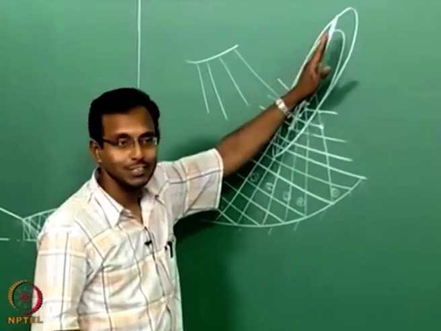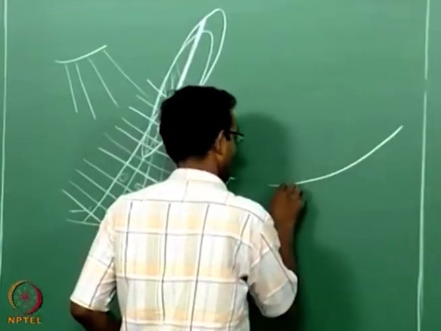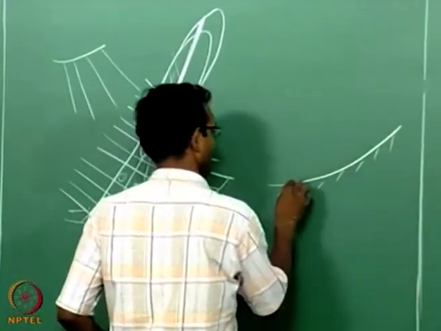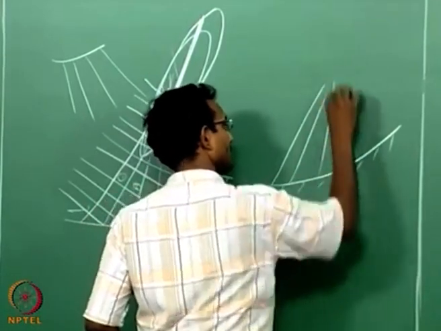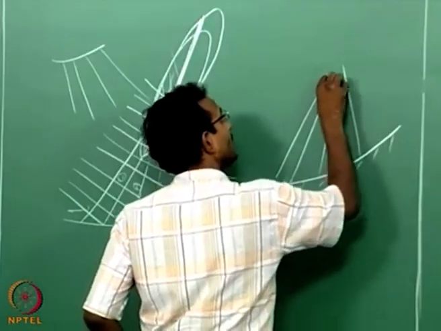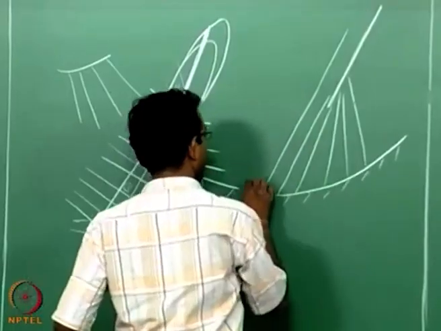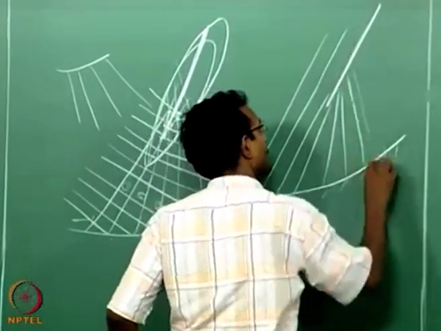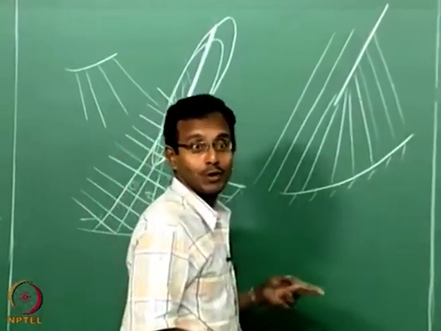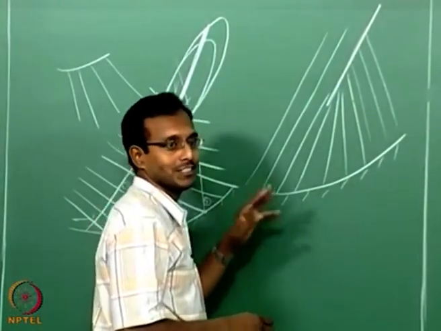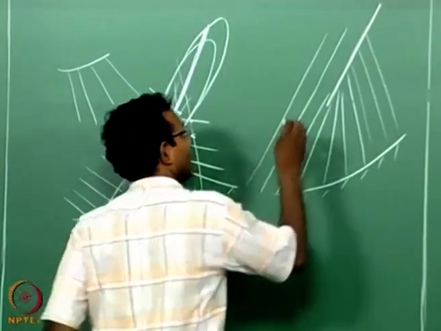Now once I replace it with a shock, what will really happen? I will have another case here. I am replacing this region with a shock, then my characteristics this side will not change, but my characteristics on the other side will lose a lot of points, because I am removing a whole bunch of points in my crumpled cloth kind of mesh and putting one line in its place.